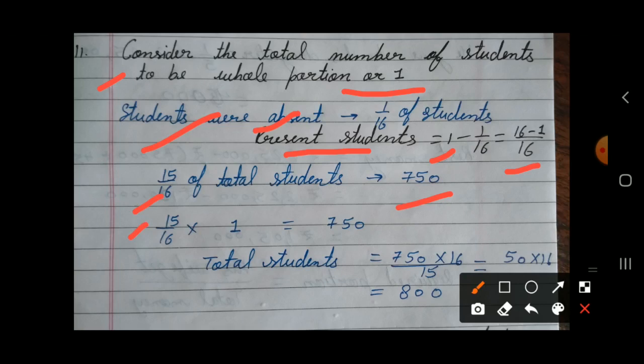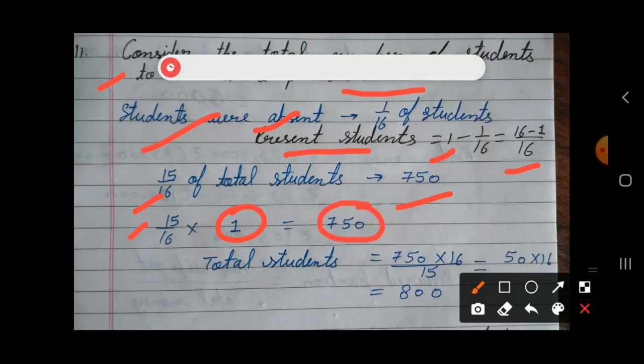15/16 of the whole students means 1. Students, we will divide this 750 by 15/16 to get the total number of students.